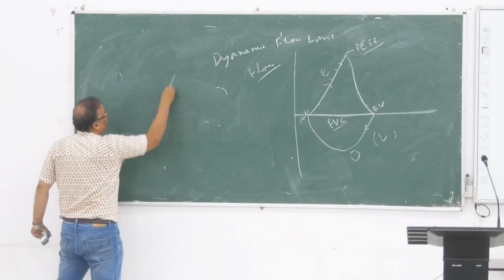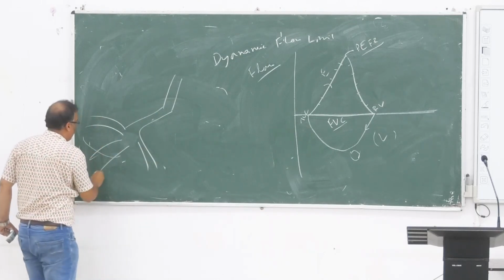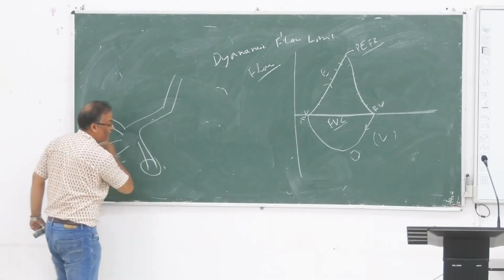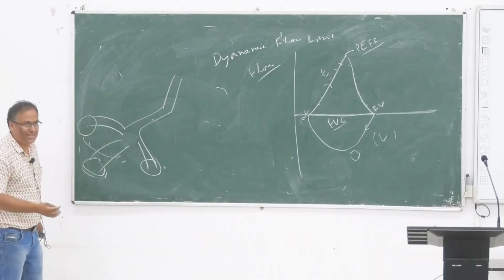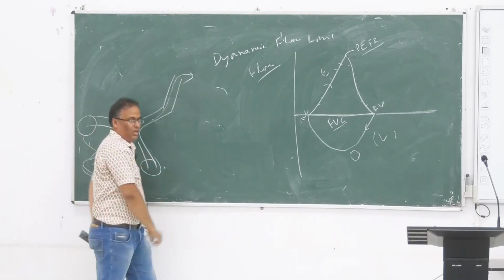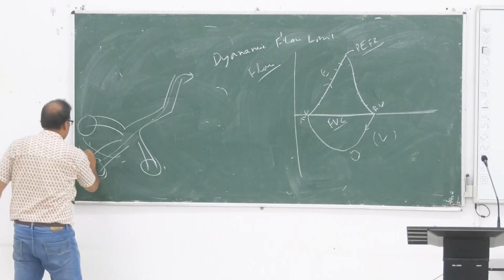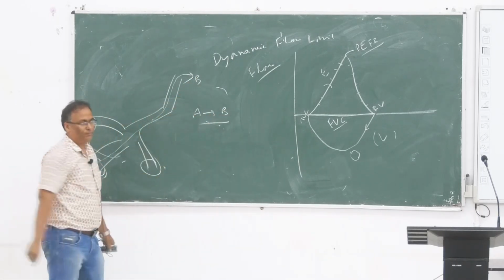Suppose this is your branching and breathing going on, so whenever you are explaining, that means air has to move from the alveoli to this one. Suppose this is your A point, this is the B point. So A to B is a flow.